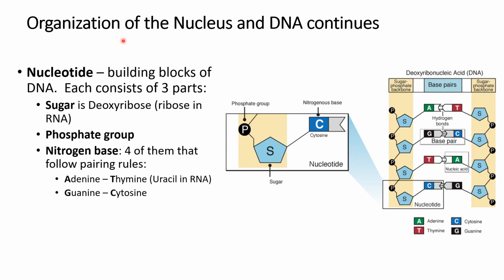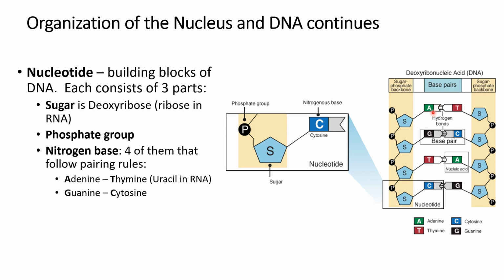You might recall from the previous chapter that DNA is nucleic acids, and the building blocks of nucleic acids are nucleotides. And a nucleotide consists of three parts: the sugar, the phosphate, and the nitrogen base, whether it's A, G, T, or C. So here we can see 1, 2, 3, and 4 nucleotides on this side of the DNA molecule.